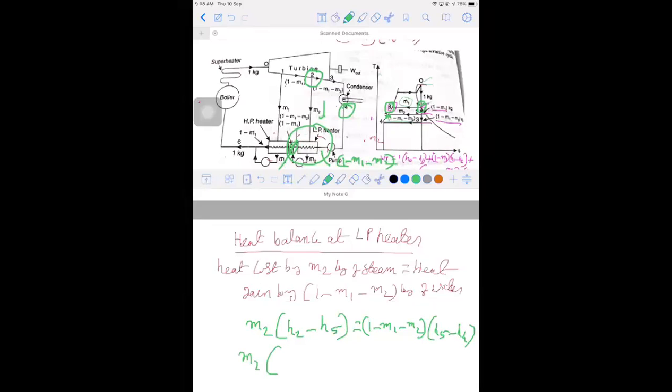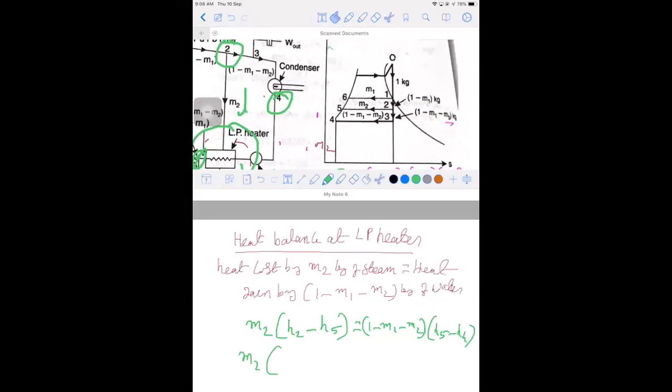Now you can observe here. I would like to enlarge this one. State 2 is wet steam, so we keep H2 as it is.